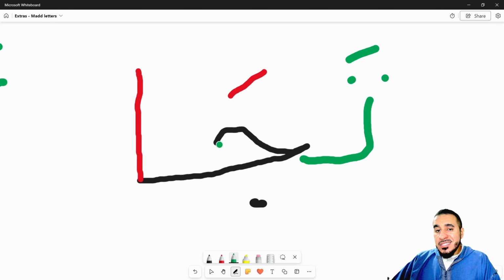So the alif is still lengthening the jim sound with the fatha above it, okay? So it's not a condition that the letter being lengthened or the sound being lengthened comes at the start of the word. No. The condition is that the letter of med, first of all, has a sukoon on it, okay?